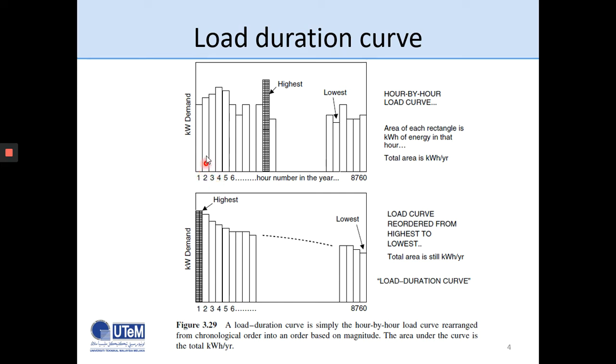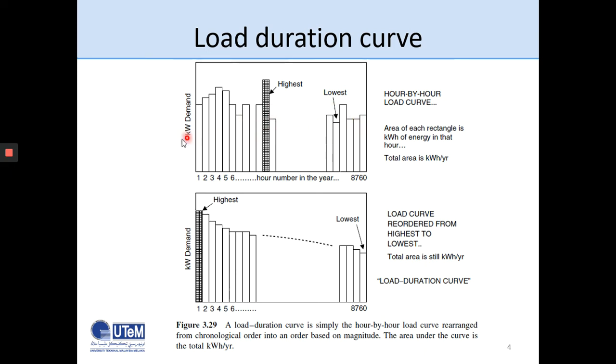We start from hour 1 of January, let's say January 1st, 2020, until the last hour of 31st December 2020. So we do this and we get the value for each hour, and we are going to know which one is the highest and which one is the lowest and which one is in between.